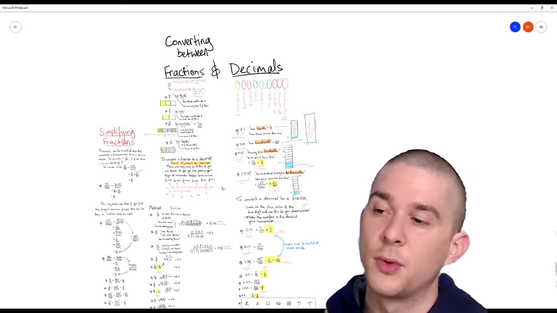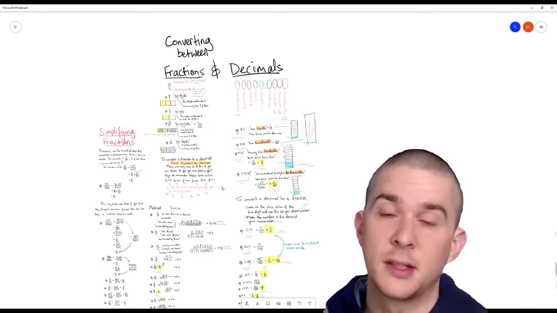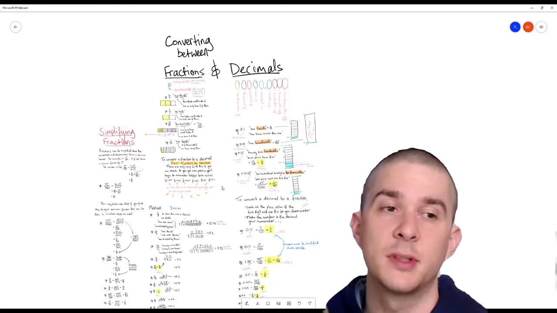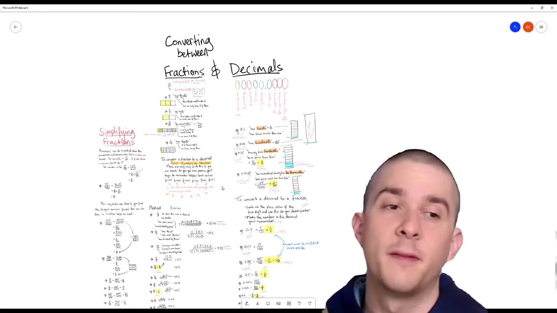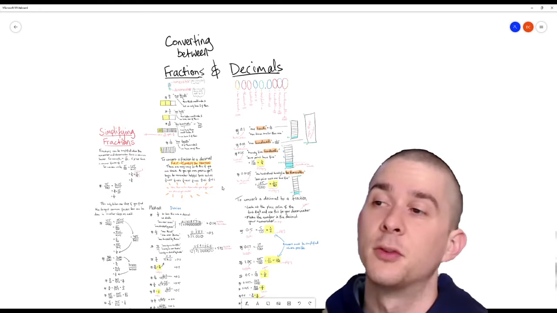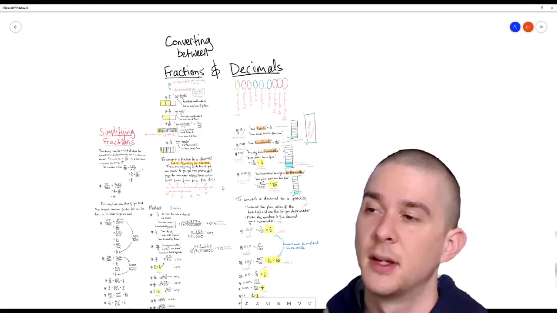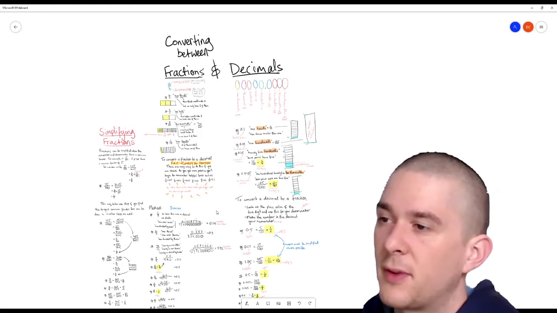The practice you get when you're simplifying fractions and doing these conversions is lots of practice with your times tables and getting good at knowing what factors certain numbers have, and those things are super important for everything that comes later in maths.